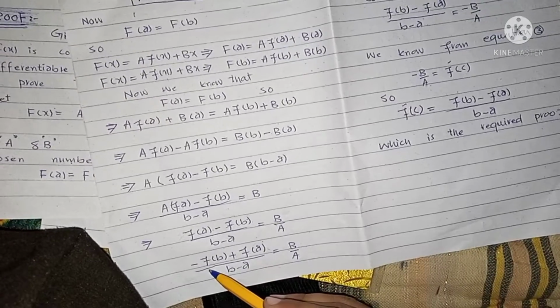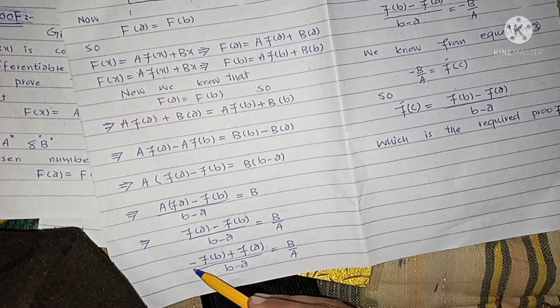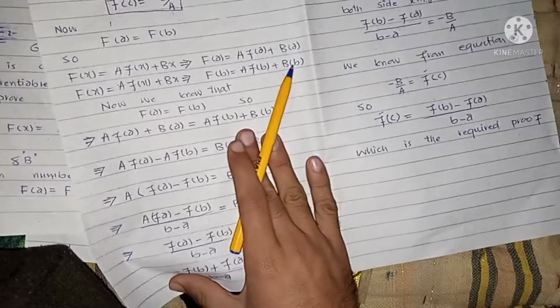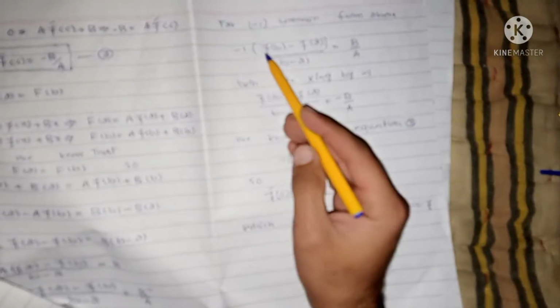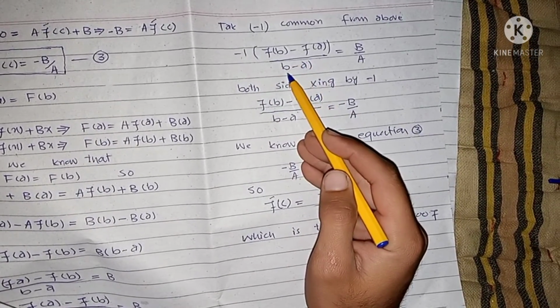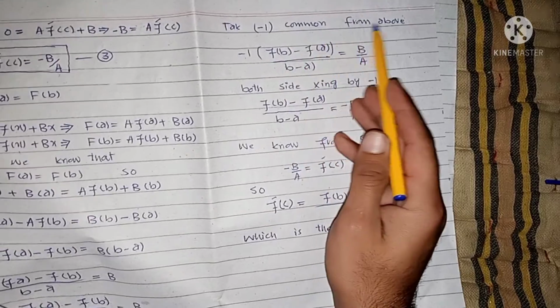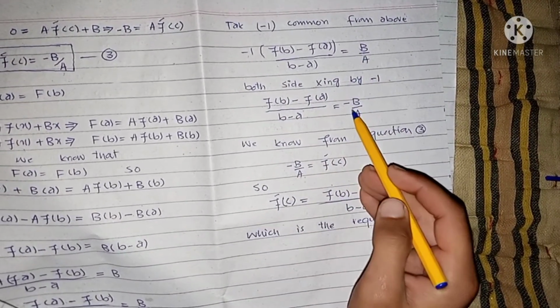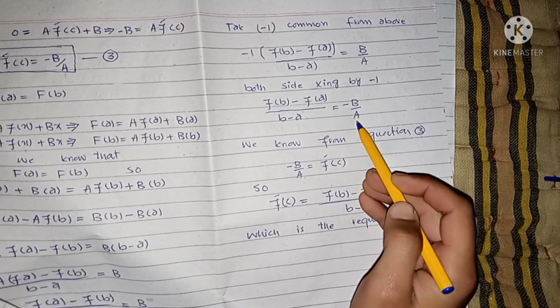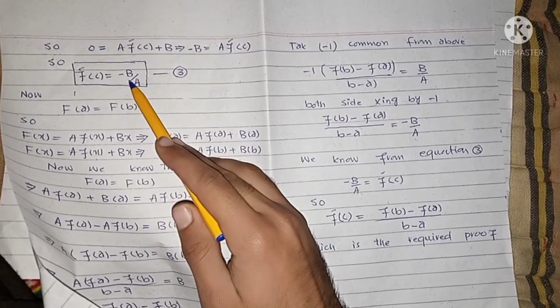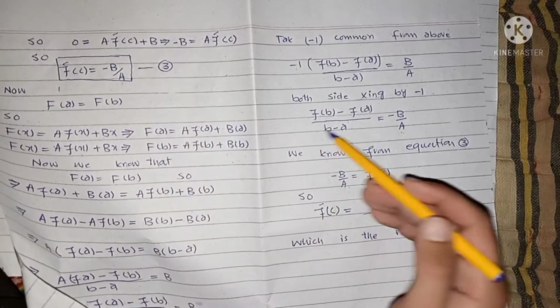Now I will take minus 1 common from the above one. I got minus 1 f of b minus 1 f of a divided by b minus a. Taking minus 1 common from above, multiplying both sides by minus 1, I will get minus b divided by a. Okay, from here you can see f dash of c equals minus b divided by a.